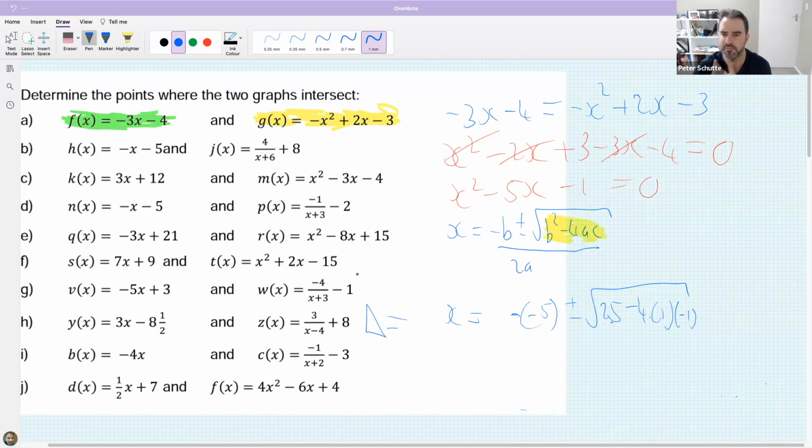That looks a bit better. Sorry, everyone. Did you see how I substituted in there? Minus b plus minus, then this should be minus 5 squared, which is 25. And then I have 2 times 1.